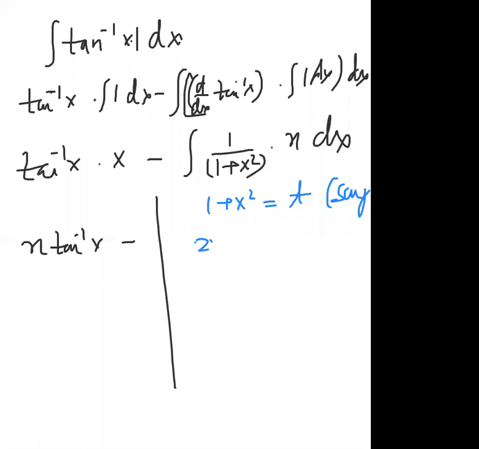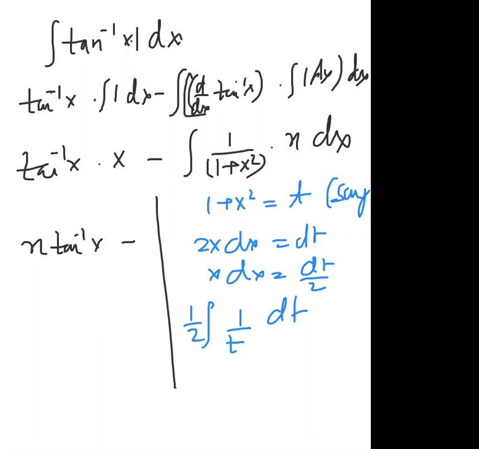So 2x dx will be equal to dt. x dx will be equal to dt by 2. Integral 1 upon t dt by 2. So it will be half of log mod t plus c.